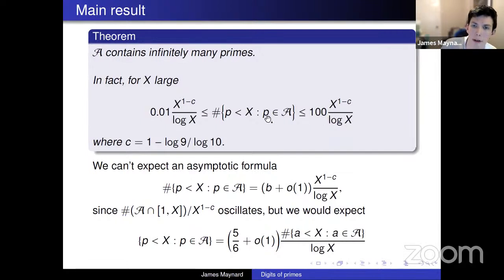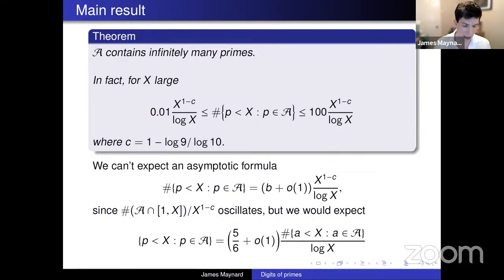However, in general, lower bounds are much, much harder to prove, and they tend to require all the same sorts of ingredients that go into these technical proofs of getting asymptotic formulas for primes.